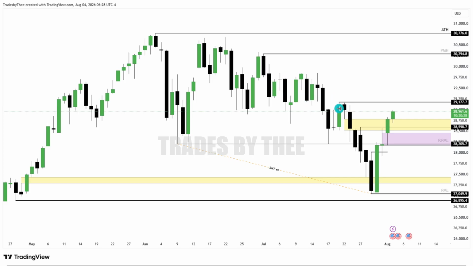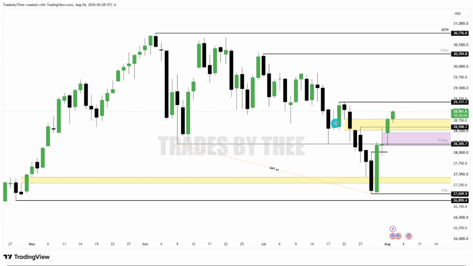So what we see, we have relative equal highs right here. We also have this big imbalance, which is both a fair value gap overlapping with a new day opening gap.